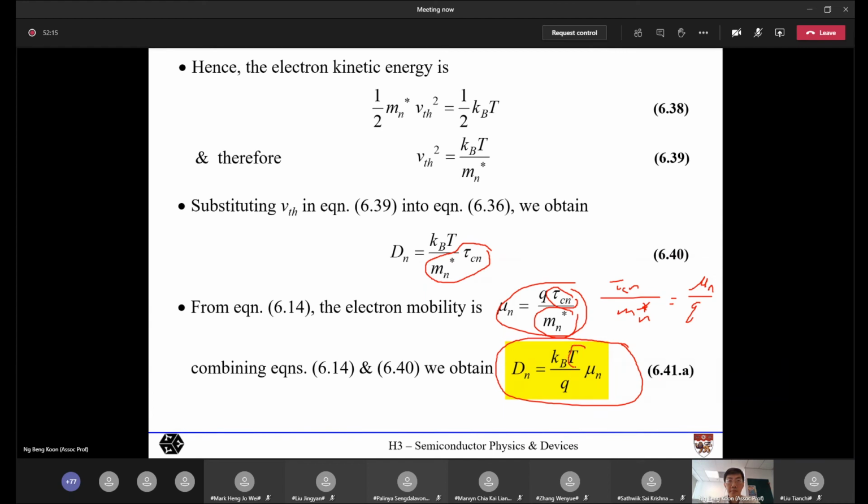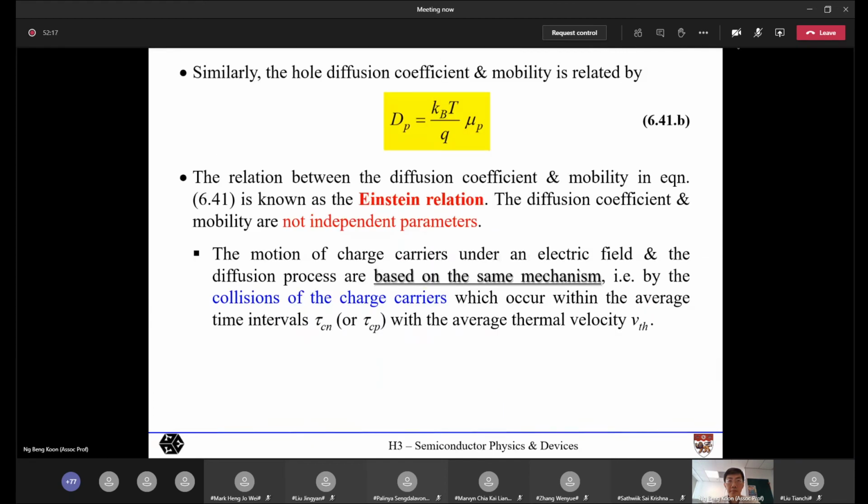So similarly, you can do the same derivation for holes, and you will find that you get a similar expression to that of electron. Okay, so these equations here are called the Einstein relation, which relates diffusion coefficient to mobility.